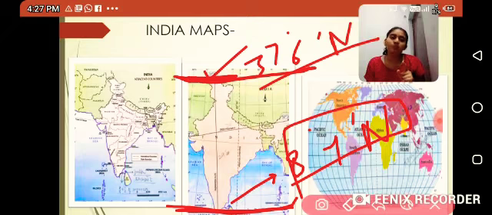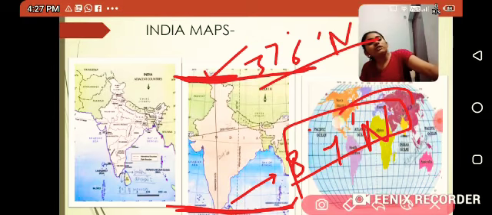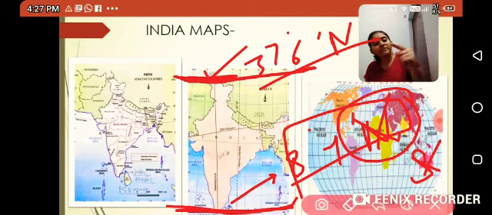But that is going to be wrong. If you put south in place of north, then it is going to be a big zero. This is going to be north only, not south. If it becomes south, it means our country India is south of the equator. Our country is above the equator, in the northern hemisphere.